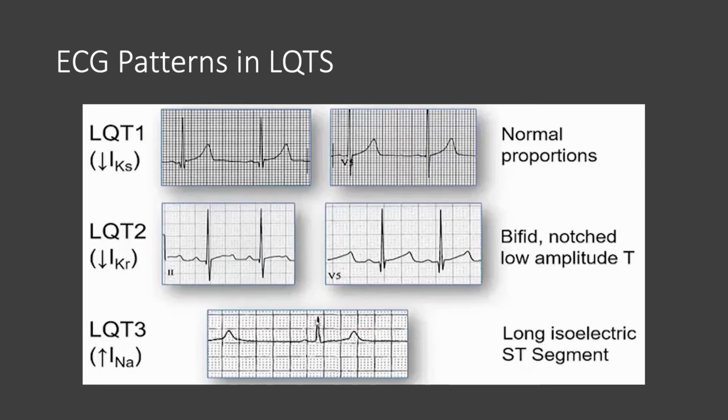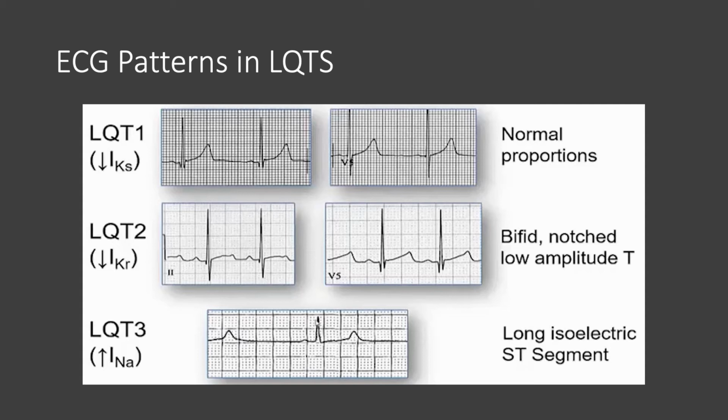Here are the ECG patterns in the most common forms of long QT syndrome. In long QT syndrome 1, the QT interval is long, but otherwise it has normal proportions. Also, if the patient is standing up or exercising, there's a paradoxical lengthening of the QT interval as opposed to a shortening of the QT interval, which is what you would expect in a normal patient.